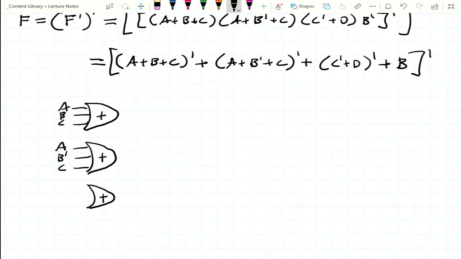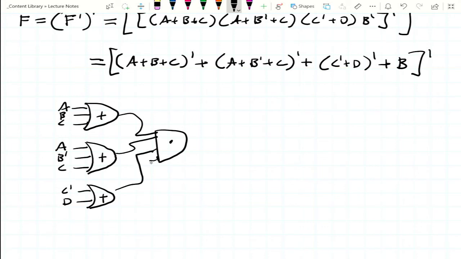C prime or D on the third one. And all those go into an AND gate. Got ahead of myself. With B prime. That gets us F. Man, it's not a good drawing.